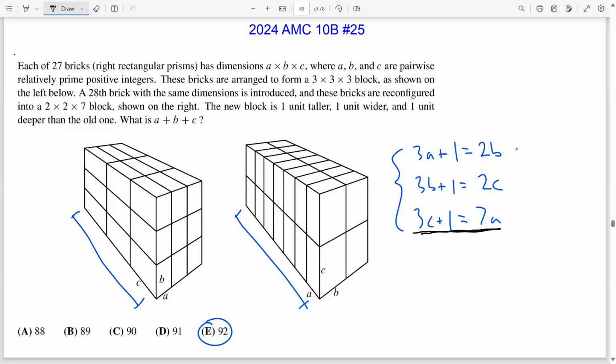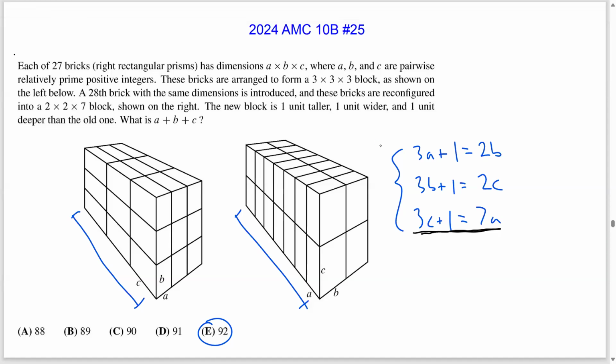So note that 3c plus 1 has to be a multiple of 7. This is going to tell us that 3c must be 6 mod 7. And we can divide both sides by 3. This will tell us that c is going to be 2 mod 7.